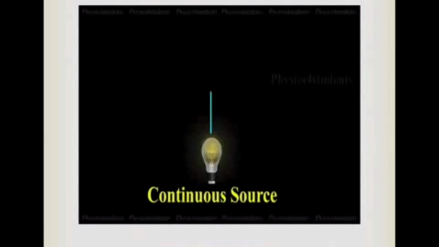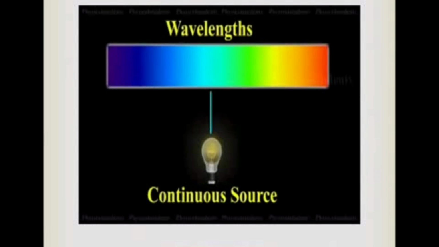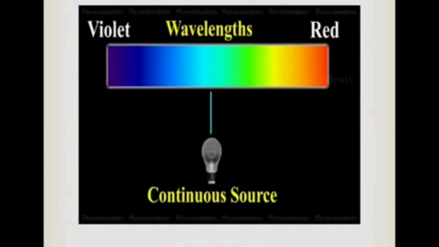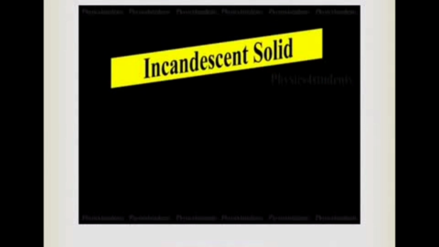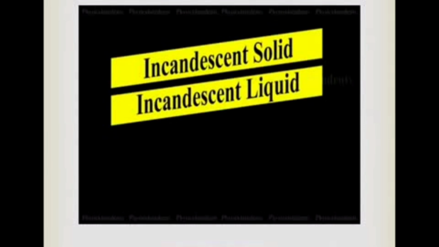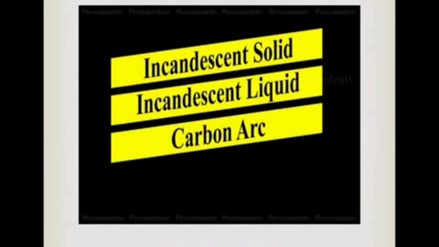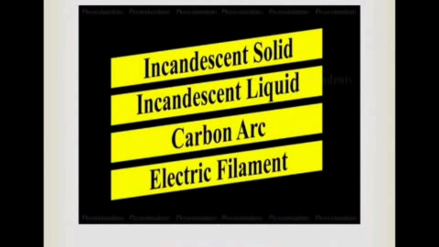Continuous light is emitted from the source, and it contains all the colors, violet to red. All the colors are here, so it's called continuous emission spectra. It is emitted by incandescent solids, such as incandescent electric lamps. These are all sources of continuous emission.